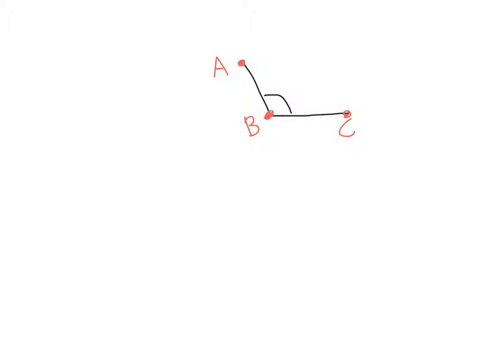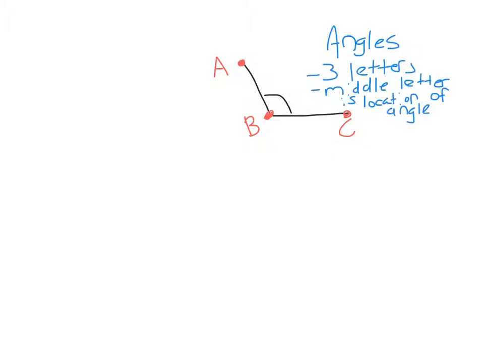So when we're naming angles, what we name them with is three letters. So we always use three letters for an angle, and the middle of those three letters tells us where the angle is. So you can see that this angle I've marked here, so an angle is just where two line segments, lines, or rays meet, it's at B. So B needs to go in the middle, and on either side are just the other two letters, A, C. This angle is called angle.